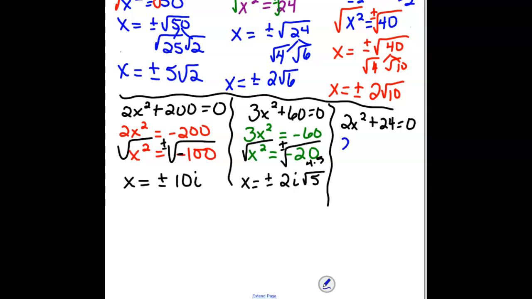All right, checking your answer. 2x squared should equal negative 24 if we move that to the other side. Still trying to isolate that x squared, we're going to divide out the 2. And then we're going to square root both sides. So x equals plus minus the square root of negative 12. Again, we have to think of breaking that up.